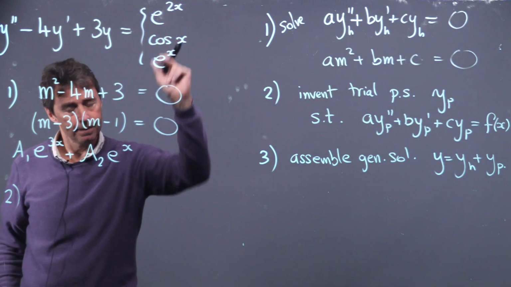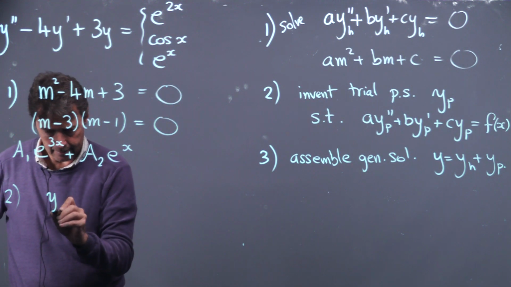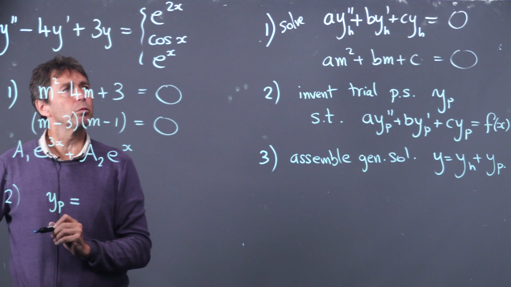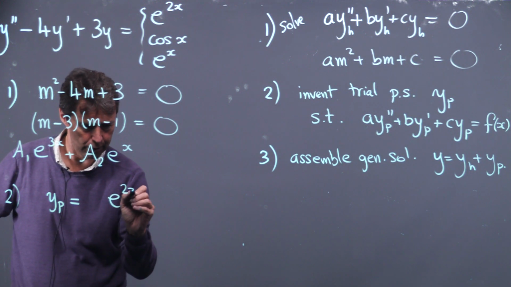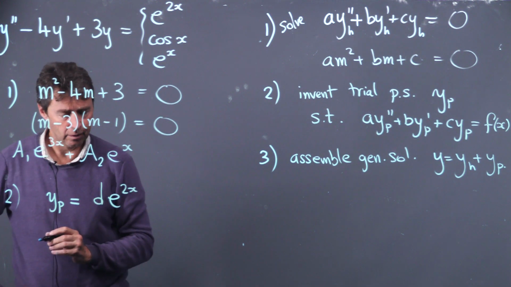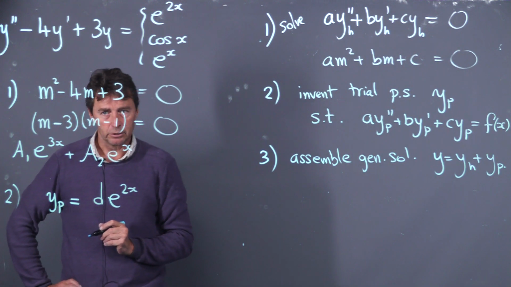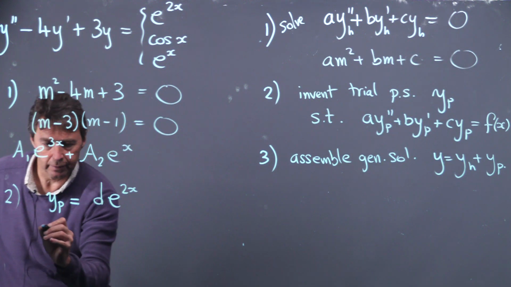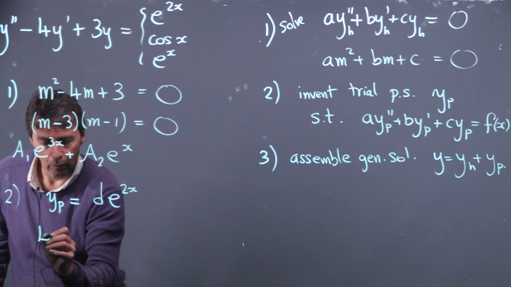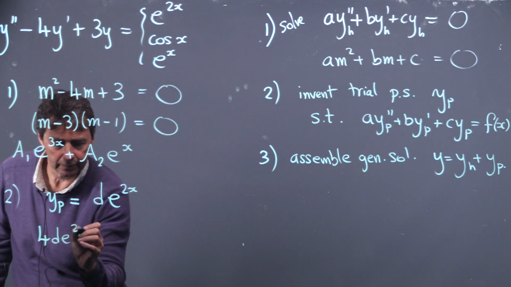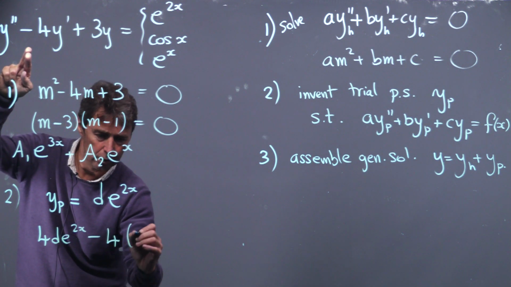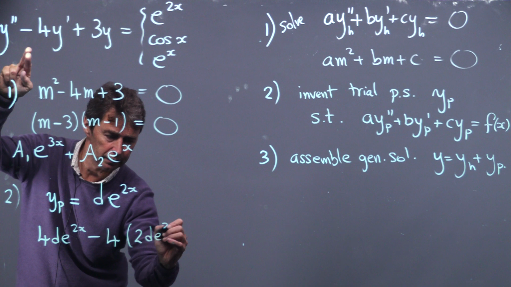So, in the first case, I would look at my right-hand side. Oh, it's an exponential. Let's try an exponential. We'll feed in this constant in front to make sure it works. I take that, I plug it into there. So I get 4d e to the 2x in here, minus 4 times 2d e to the 2x, right?